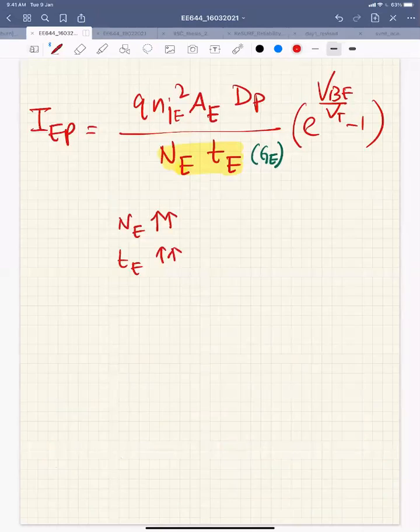And your N I E, you want it to be low, right? So these are the things, right? Or if you want your D P also should be low, right? So these are the things you could do, right? If you want to design a bipolar junction transistor for a low IP, then the only thing you could do is increase your emitter doping, which generally we do, and increase your emitter thickness.